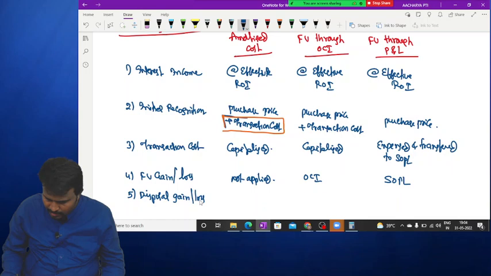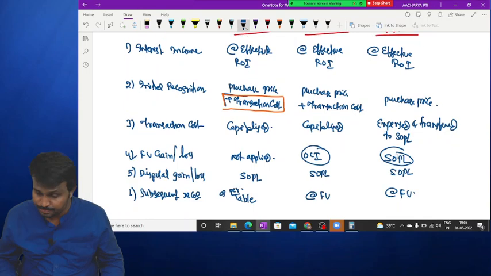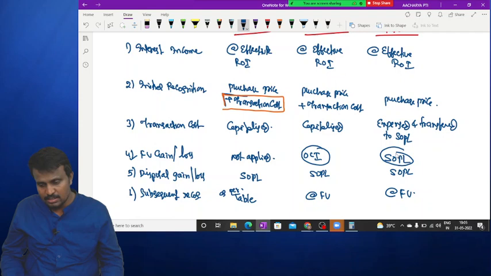But in case of fair value through OCI and fair value through P&L, it is recognized at fair value at the end of every year. And the difference, if any, is treated as fair value gain or fair value loss, which is transferred to other comprehensive income or statement of profit and loss, depending upon the case. So these are the points required to be considered in case of debt investment relating to financial assets.